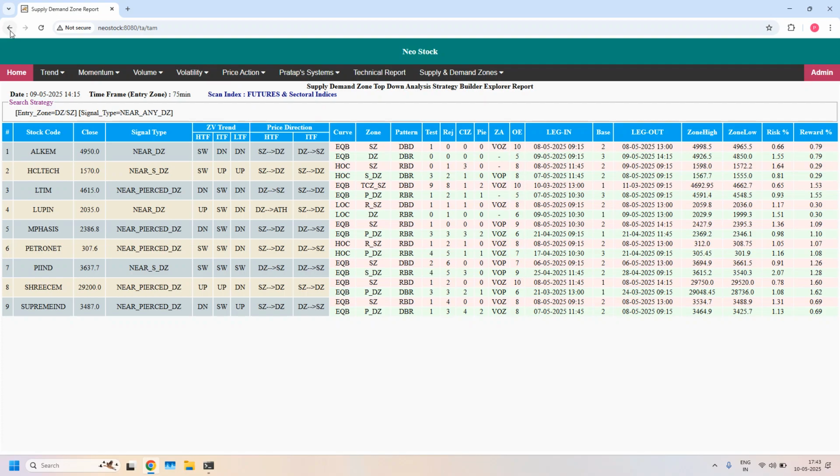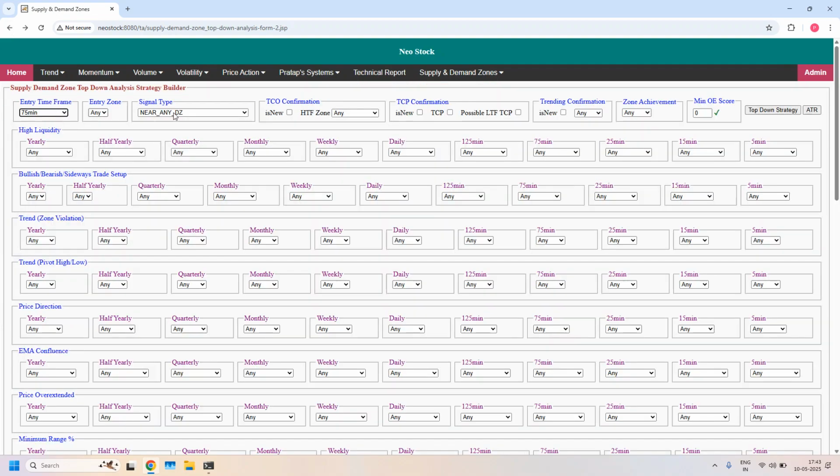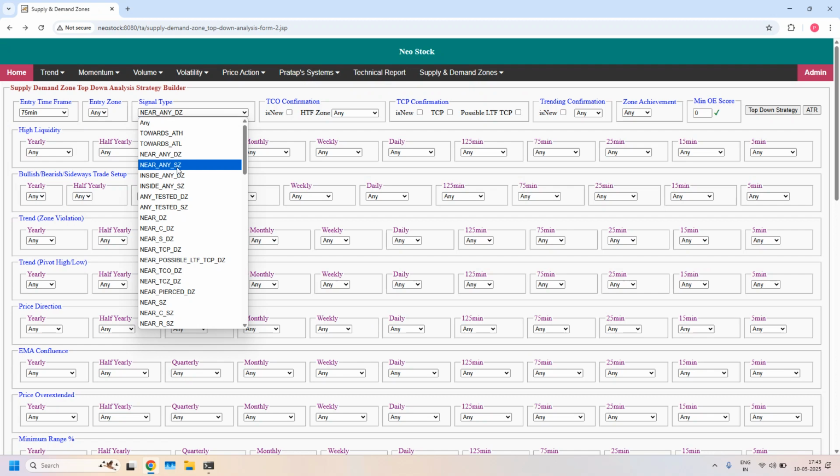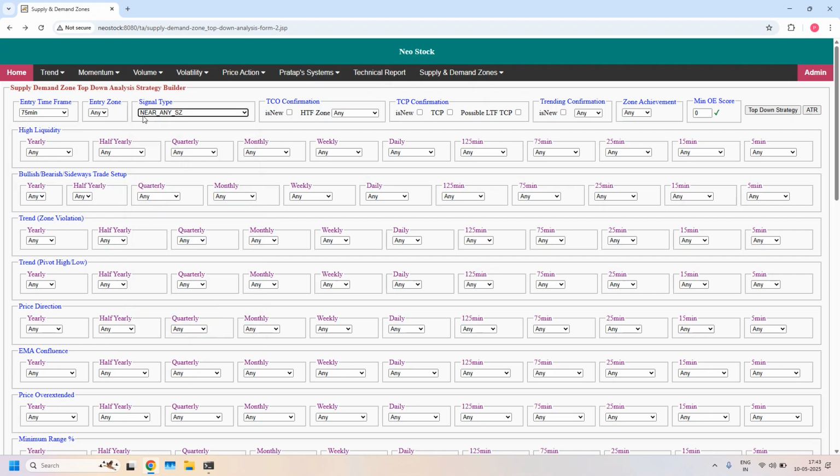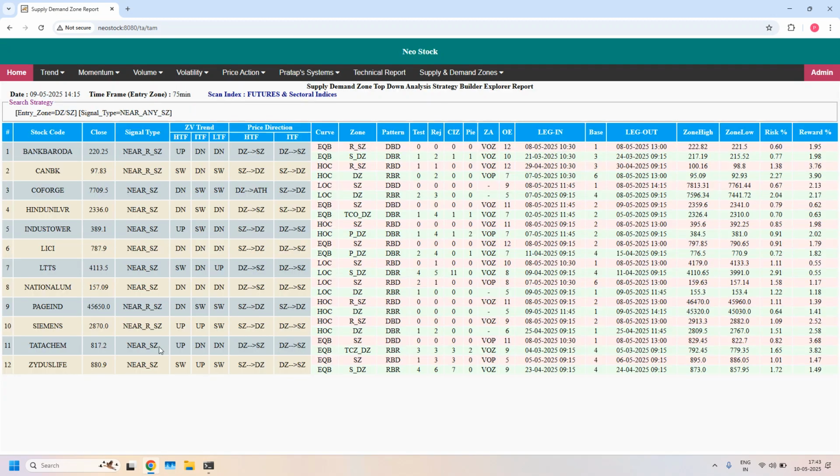Okay, next, for 75 minutes time frame, let us find the stocks near to the 75 minute supply zone. We got 12 stocks. Let us identify 75 minutes high liquidity supply zones from this list. Bank of Baroda is having a 75 minutes high liquidity supply zone.